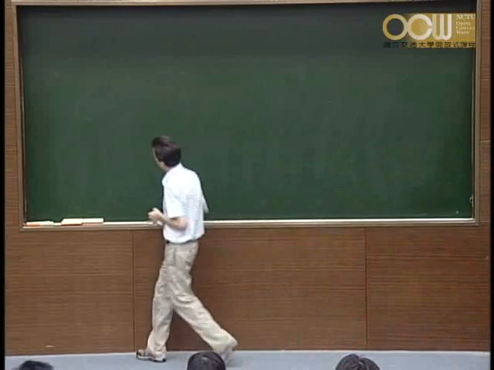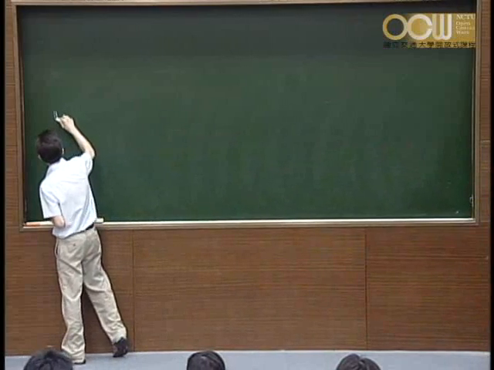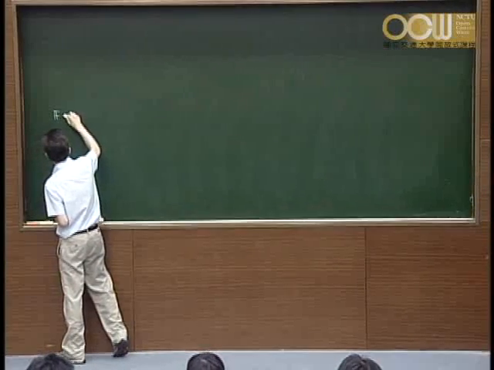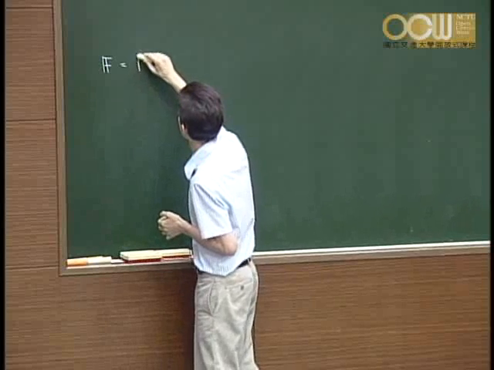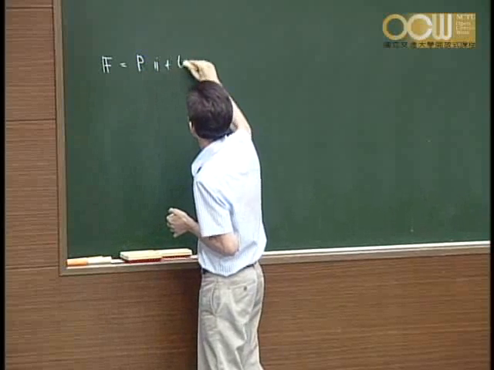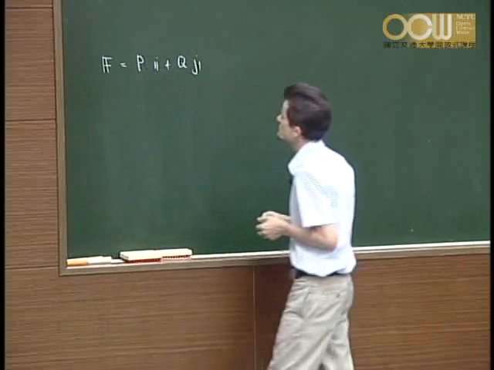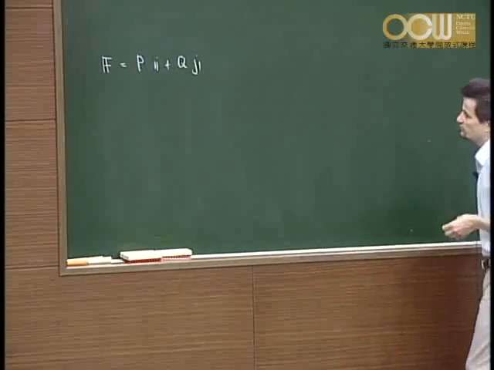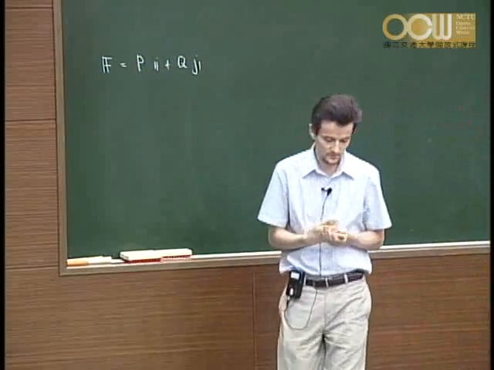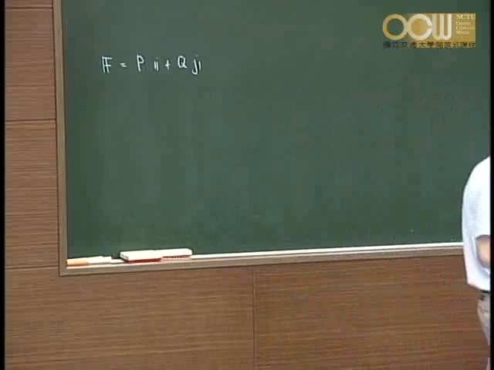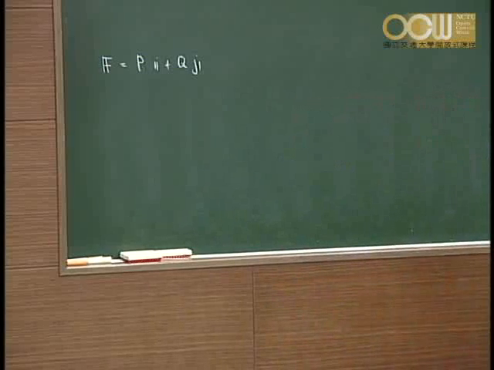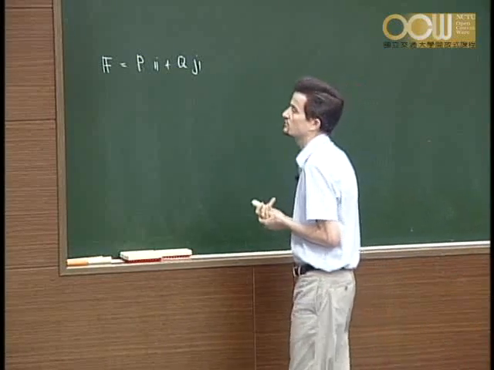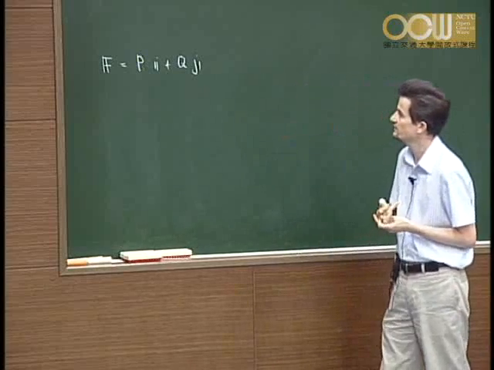Just to remind you, if we have a 2-dimensional vector field, then we saw already that it's quite easy to determine whether such a 2-dimensional vector field is conservative or not. There is a very easy test.